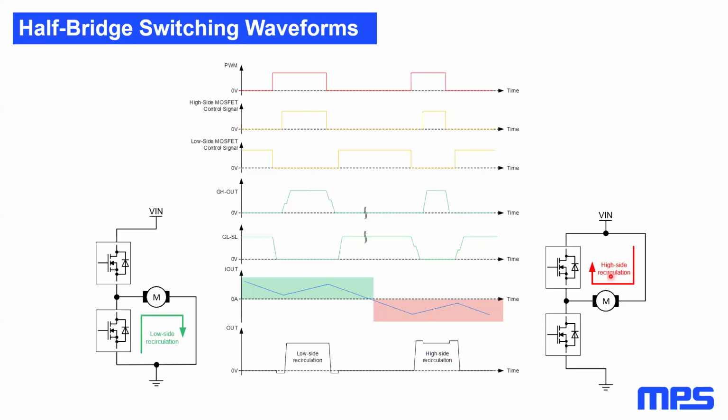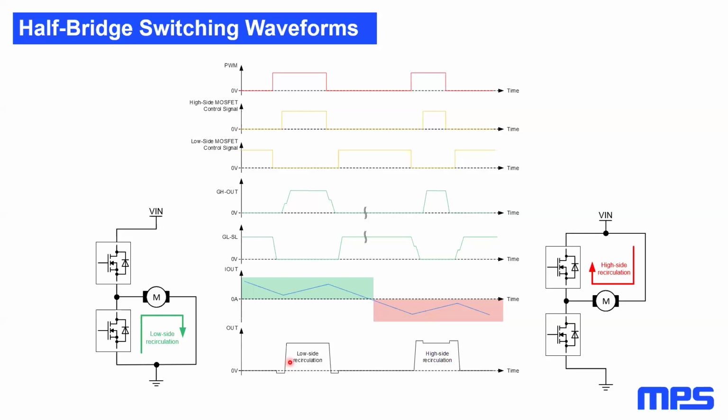To avoid shoot-through, we need to insert dead times. One between the low side MOSFET turning off and the high side MOSFET turning on, and another one between the high side MOSFET turning off and the low side MOSFET turning on.